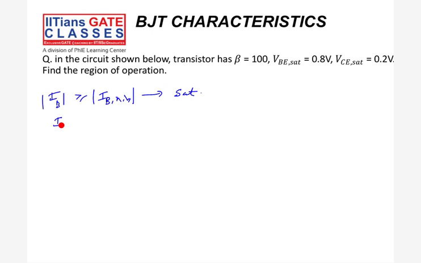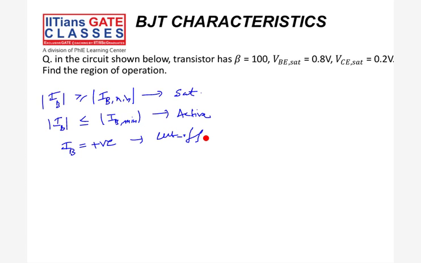Second, if the magnitude of IB is less than IB minimum, our transistor will be in active mode. And third, if IB is positive, our transistor is in cutoff mode. With these comparisons, we can understand the mode of operation of any transistor in any circuit, and based on that we decide.